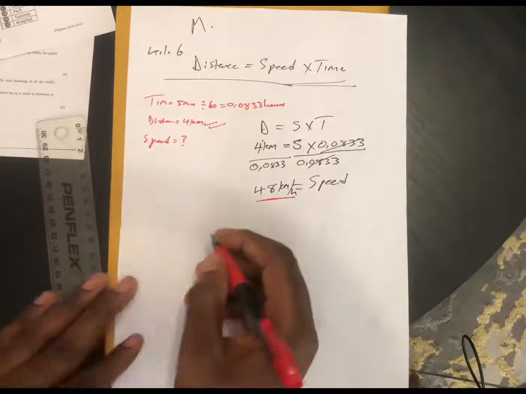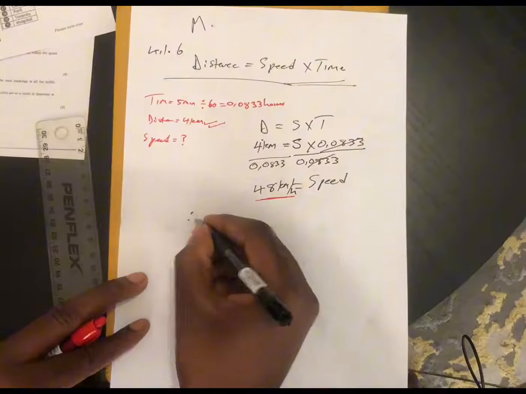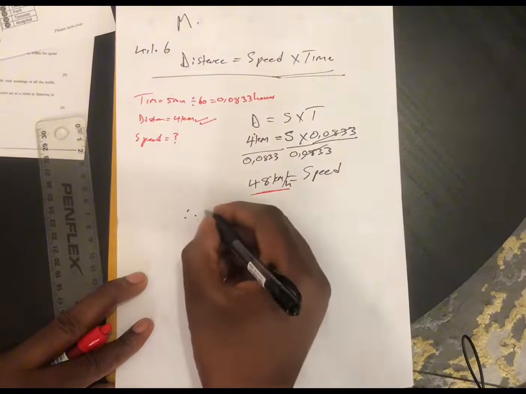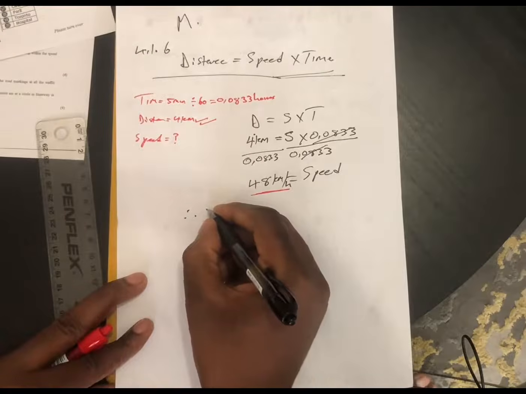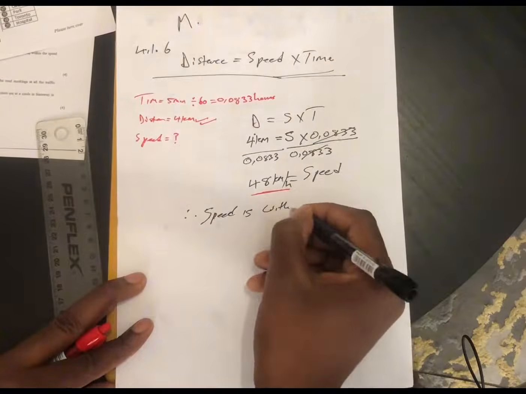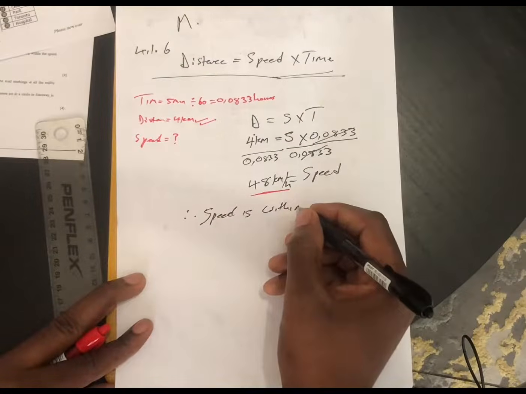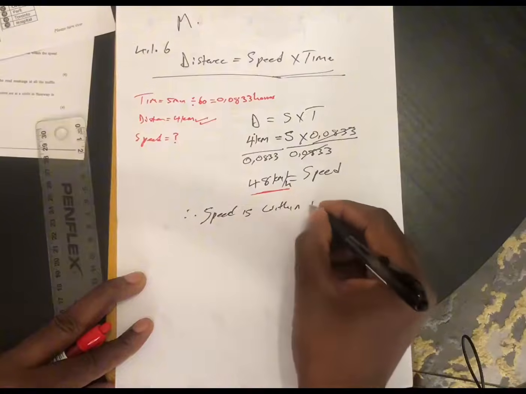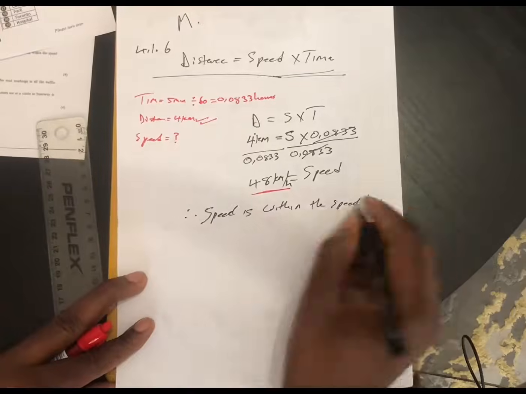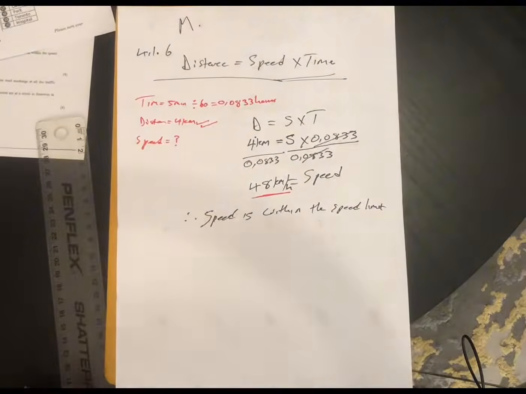It's less than 60. We can conclude that yes, he was traveling within the speed limit. The speed is within the speed limit. So he was respecting the speed limit in that urban area.